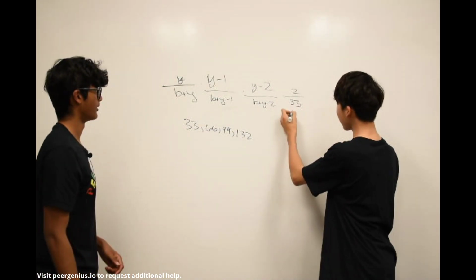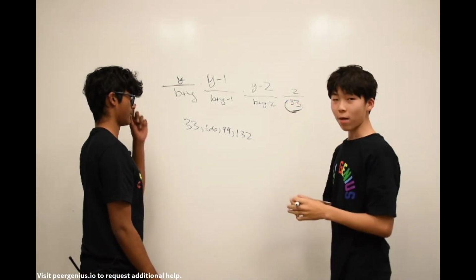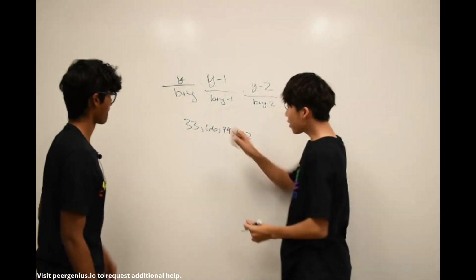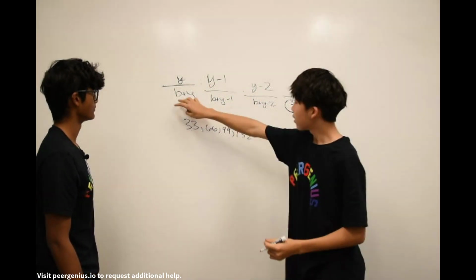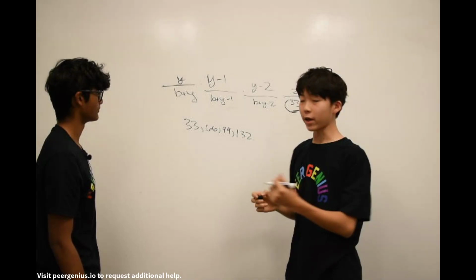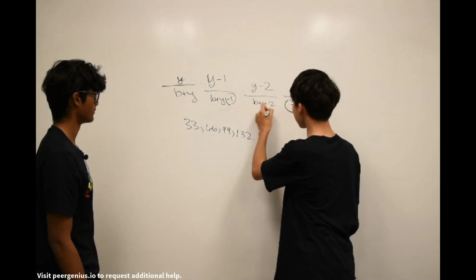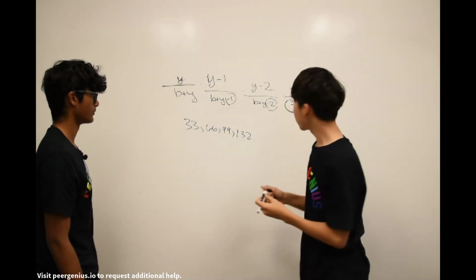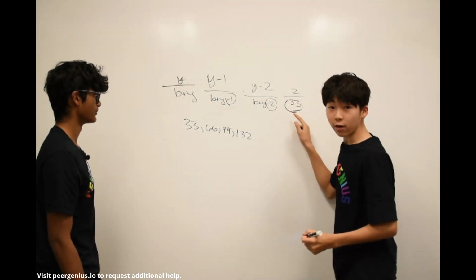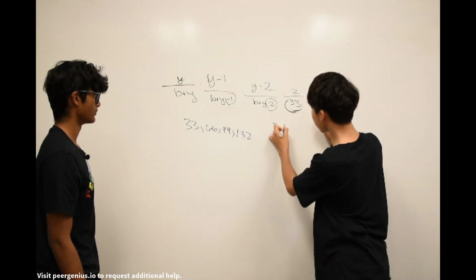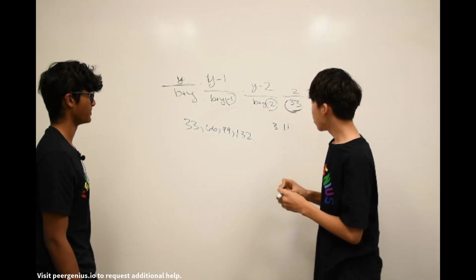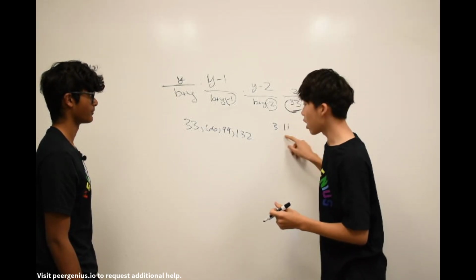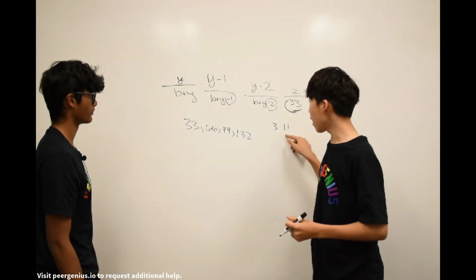The denominator is 33, and like Soham said, we're multiplying 3 fractions, and since there's no replacement, the denominators should be 3 consecutive numbers. When you prime factorize 33, we get 3 times 11, and we want the minimum number of blue marbles. So we can have one of the 3 denominators be 11.